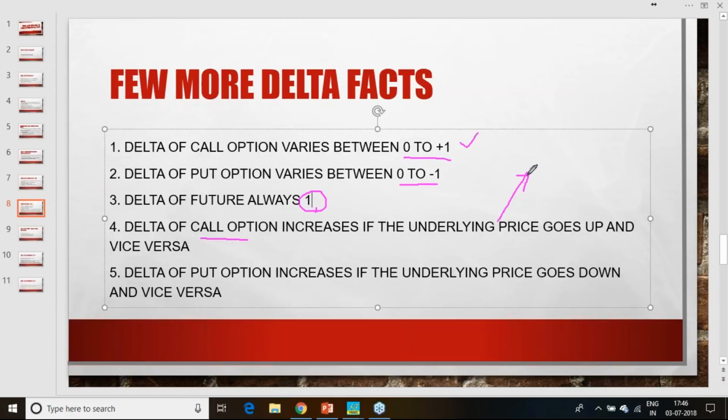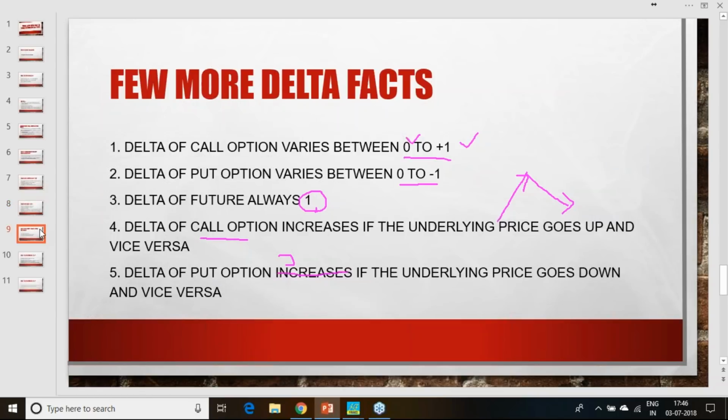In the same way, the call option delta will fall to a minimum of 0 when prices come down. Put option delta decreases, it is a negative number, so it decreases if the underlying price goes down, and it increases towards 0 once the underlying price goes up. So this is the nature of the delta.